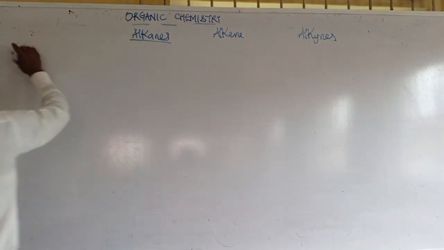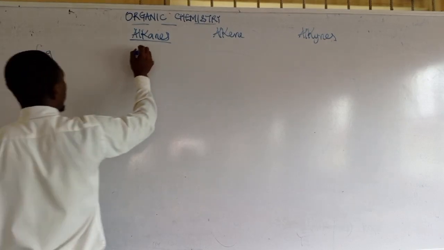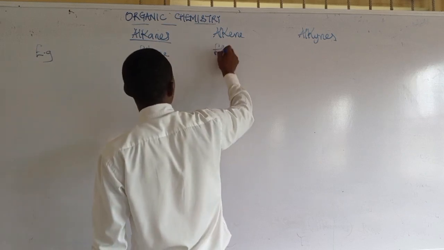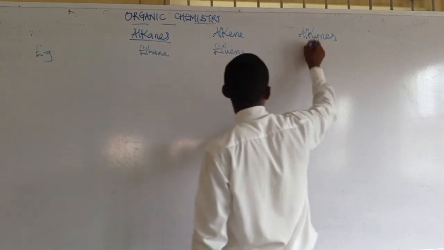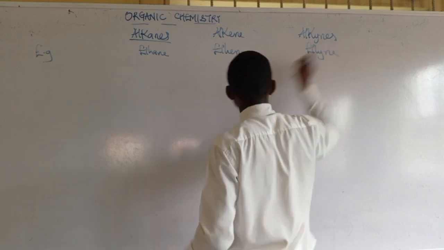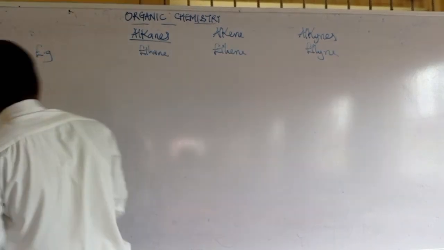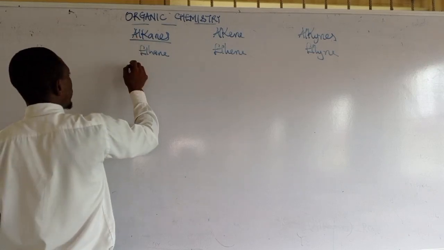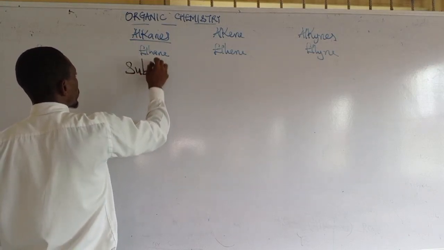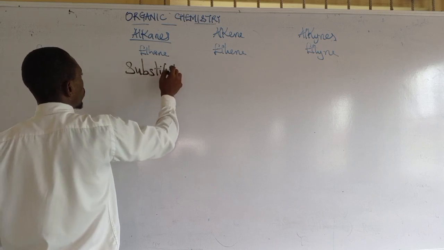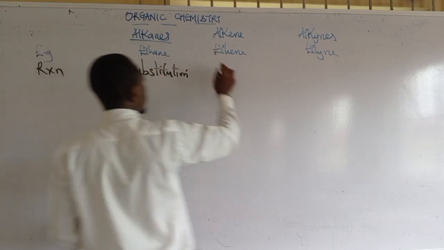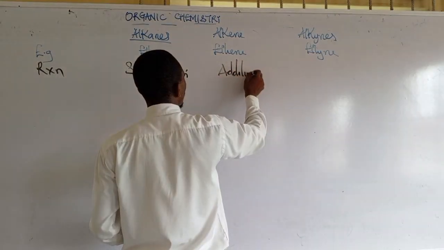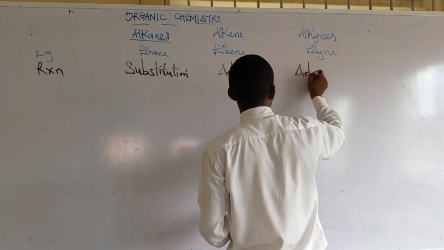Here examples: for alkane, we have ethane; here we have ethene, ethyne. Then the common reaction for alkane is substitution. They cannot undergo addition reaction. But for these two, they can undergo addition reaction.